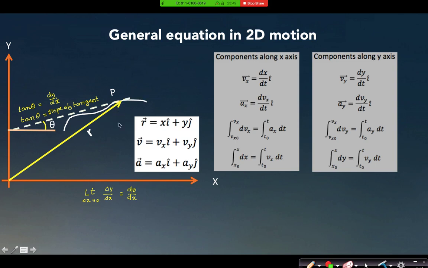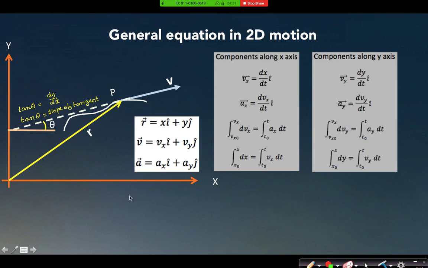Now suppose this is the slope of the tangent at this point. Let us try to find the slope in some other way also. Let us talk about the velocity vector. Can you see that this velocity vector lies along the same line as the tangent line? Yes or no? The velocity vector also lies along the same line as this tangent.